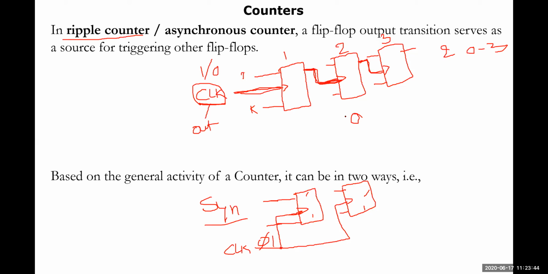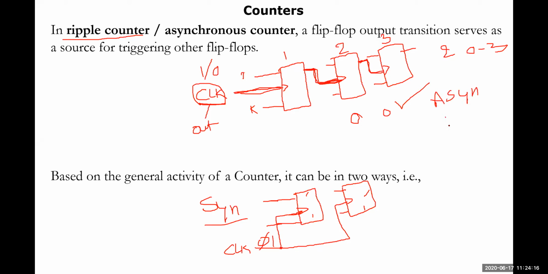If the output of the first flip-flop is 0, the second flip-flop cannot do anything. If the second flip-flop cannot do anything, obviously here also 0 will be there. The third flip-flop also cannot produce any output. So that is what you need to understand. The clock pulses of inner flip-flops are connected from the previous outputs. If clocks are connected in such a fashion, they are called asynchronous.